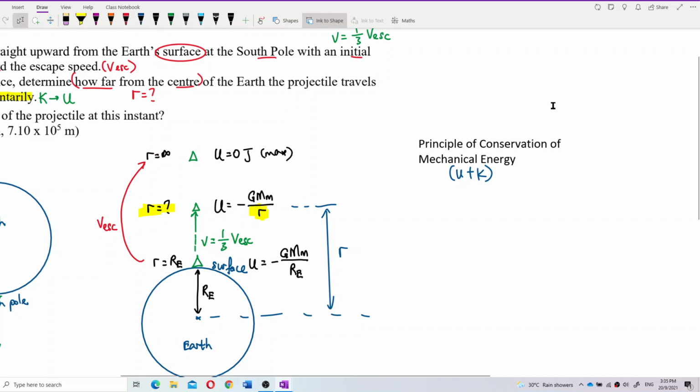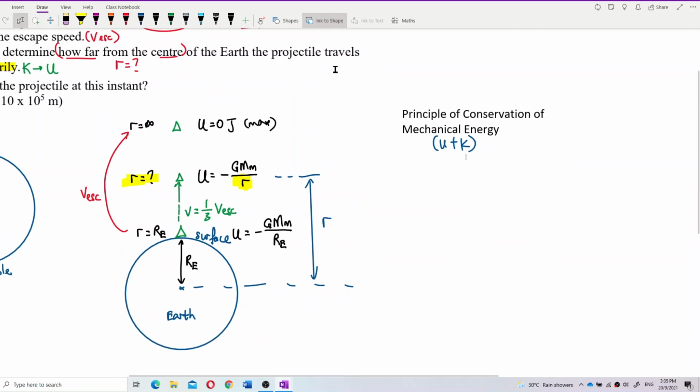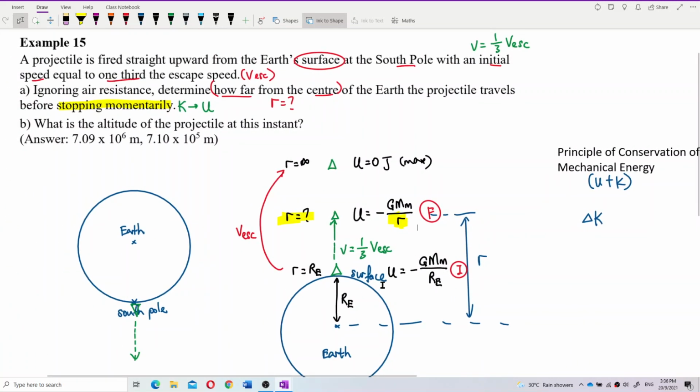Now look here. This is the initial position, and this is the final position. It is ejected from the surface with a speed of 1/3 of the escape speed, and it ends up here.